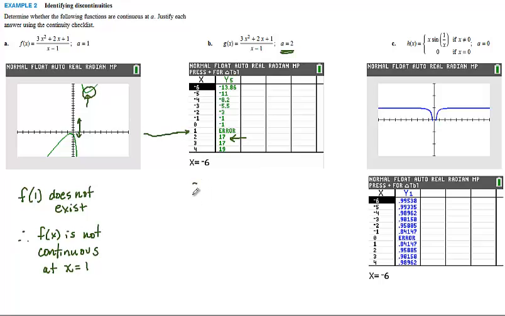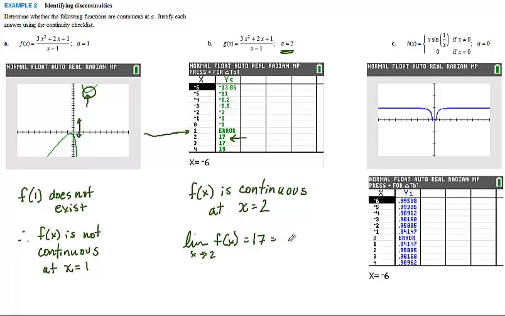So I'll say f of x is continuous at x equal 2, because the limit as x goes to 2 of f of x equals 17, which is equal to f of 2.